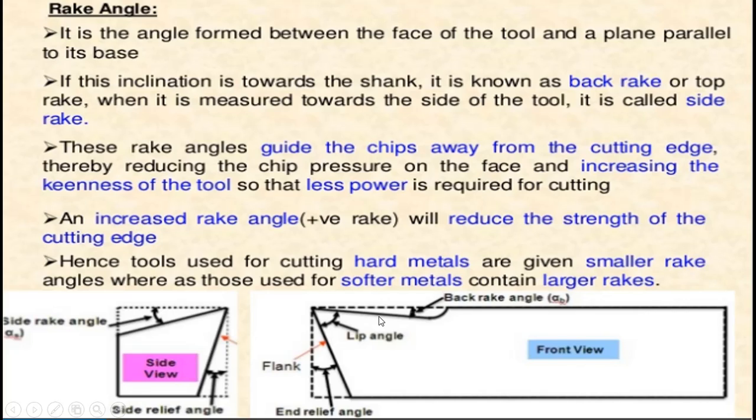Hence, tools used for harder material are generally given a smaller rake angle, and those for softer material are given a larger rake angle. Generally, in a workshop, when operations are carried out on a mild steel workpiece, the back rake angle is positive and kept larger.